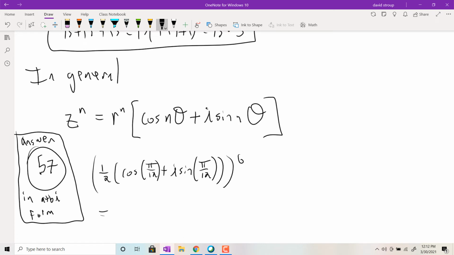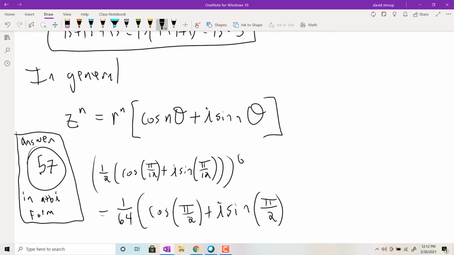Okay. So first you just raise 1/2 to the 6th power. So that'll be 1/2 times 1/2 is 1/4, then 1/8, then 1/16, then 1/32, then 1/64. So 1/64. And then you have cosine of 6 times pi over 12, which is 6 pi over 12, which is just pi over 2, plus I sine of 6 times pi over 12, which again is pi over 2.